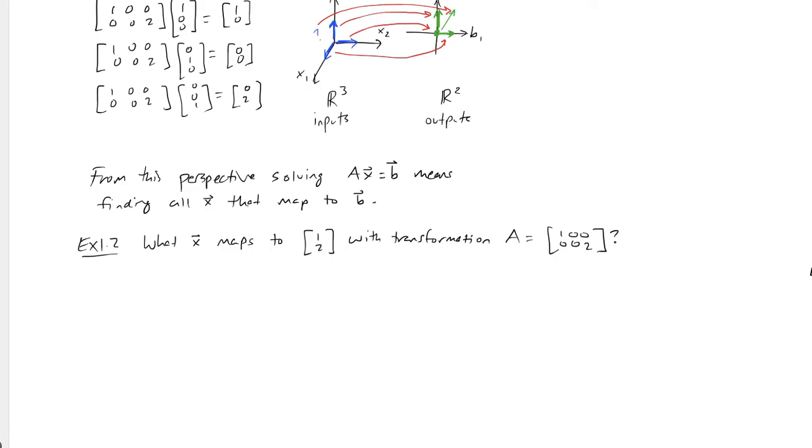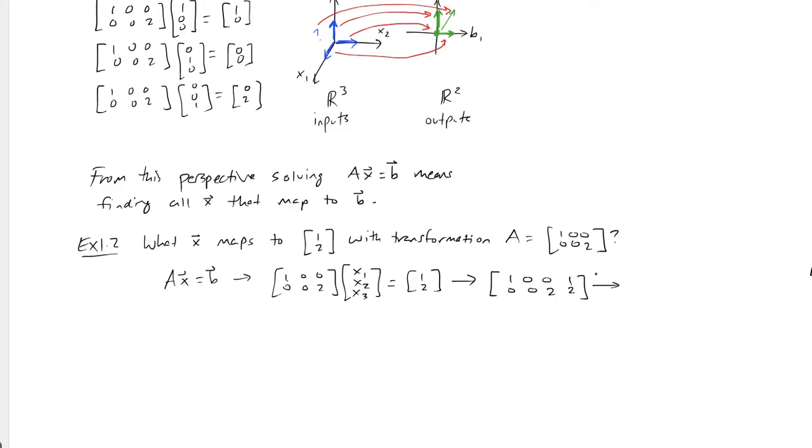So the way we do this is we set up the product. So we do Ax equals b. So [1, 0, 0; 0, 0, 2] times (x1, x2, x3) equals (1, 2). And this is a type of problem that we've solved before. What we do is we take the A matrix, we augment it with the b vector, and then we RREF.